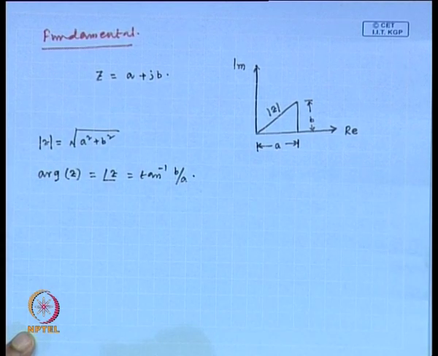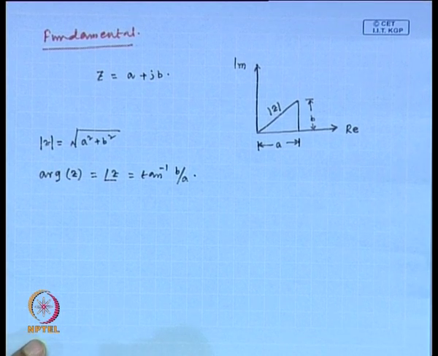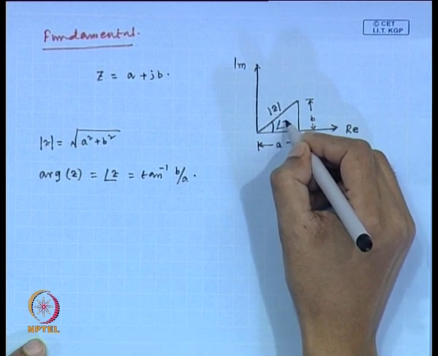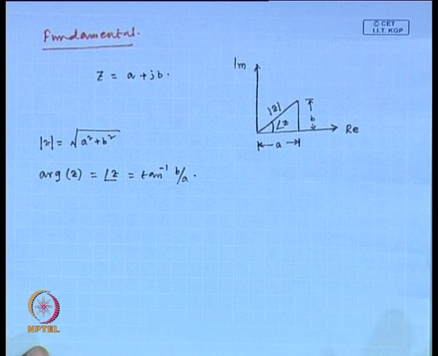I mean, argument Z equals tan inverse B by A, fine. This is the argument Z.